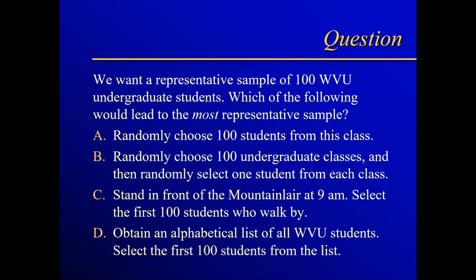So people who are of that descent might not have names up at A's and B's and C's, so they might not be included. Actually, it'd be all A's if we're just listing off all WVU students. There are more than 100 A's. So people who have a last name that starts with an A may differ from someone who is later down in the alphabet. But yeah, B is the best way.